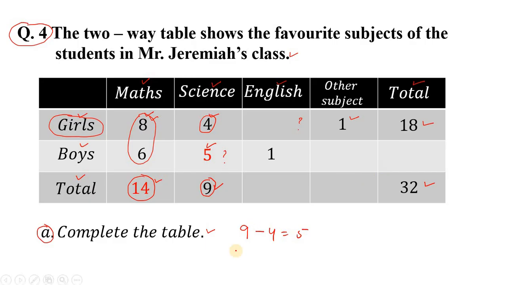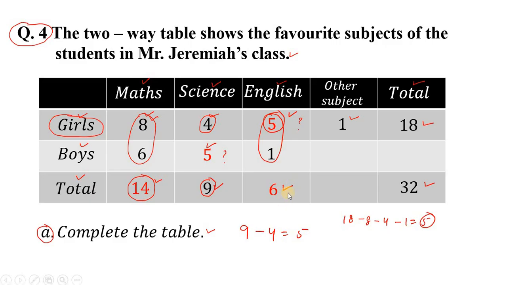So 18 minus 8 minus 4 minus 1 is equal to 5. So the final answer is 5. And now the sum of these values, 5 plus 1, we get 6.